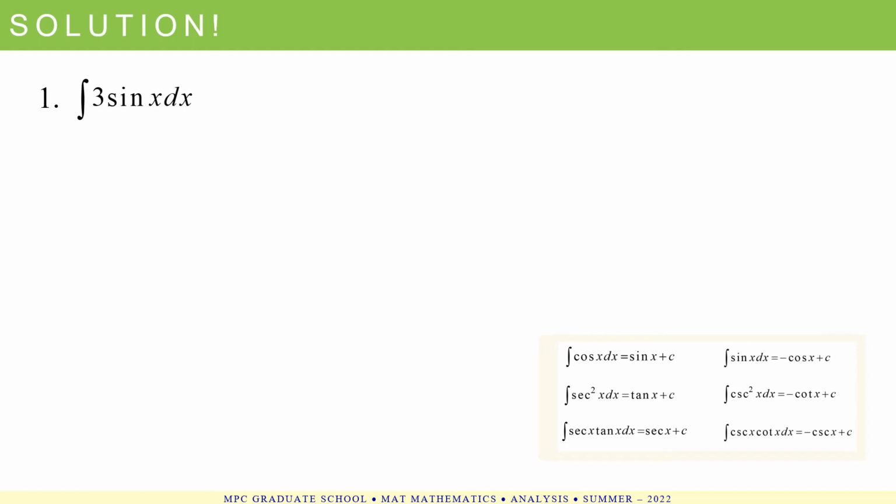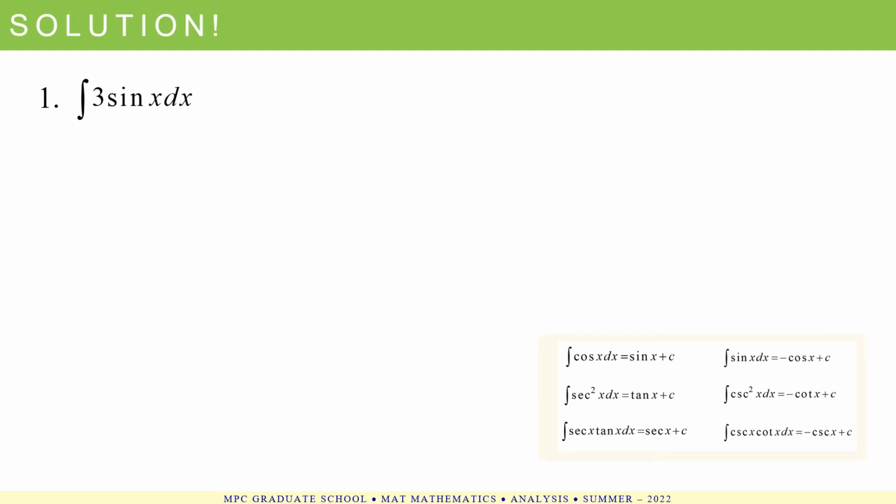First example, we're going to get the integral of 3 sine x with respect to x. If you look into our formula, the integral of sine x with respect to x is negative cosine x plus c. But there is a constant multiplied in the function of the given example. In here, we can use the constant multiple rule of integration.